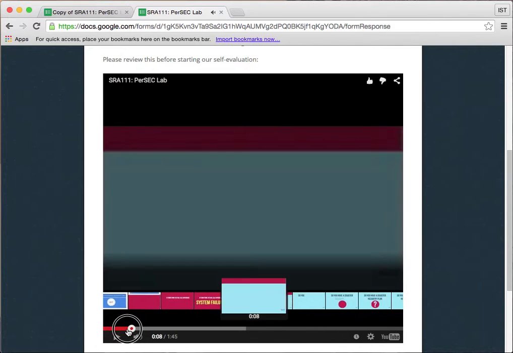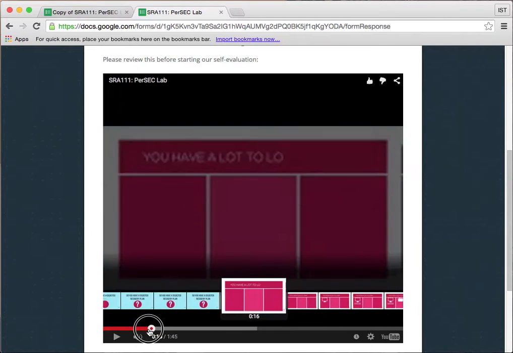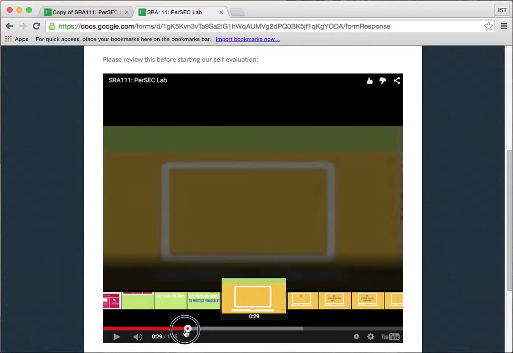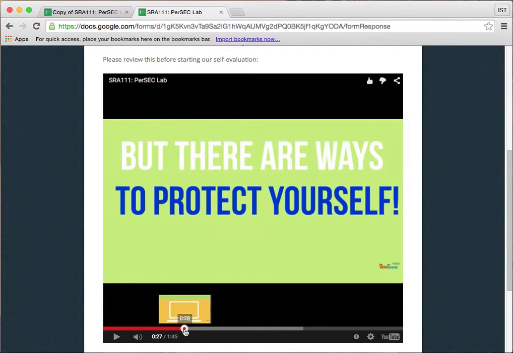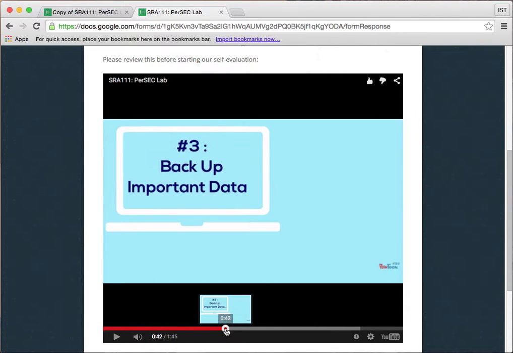So Kent's scrolling through here to talk about, do you have a disaster recovery plan? Do you have a lot to lose? Stuff like that, reminding them about different things that go along with personal security. So we're scrolling through here.